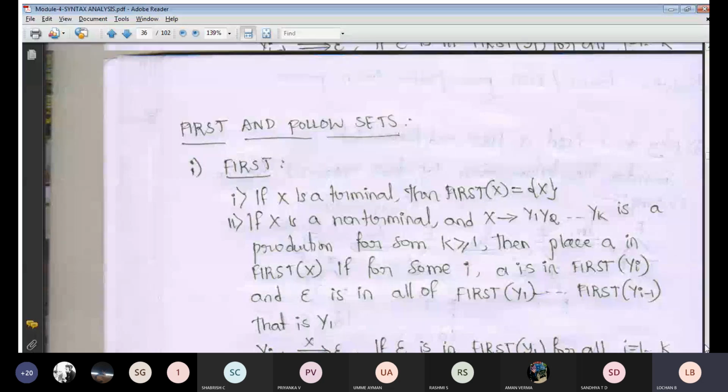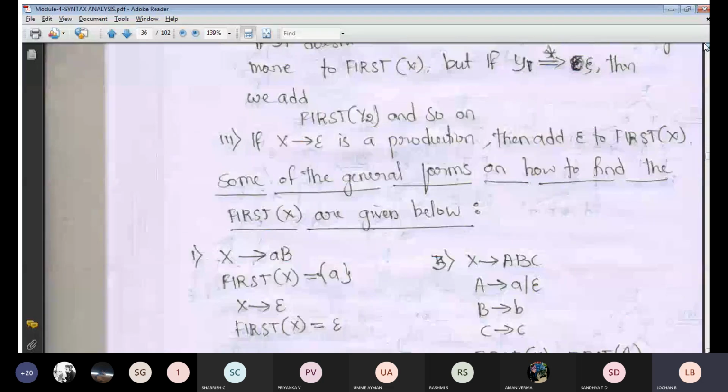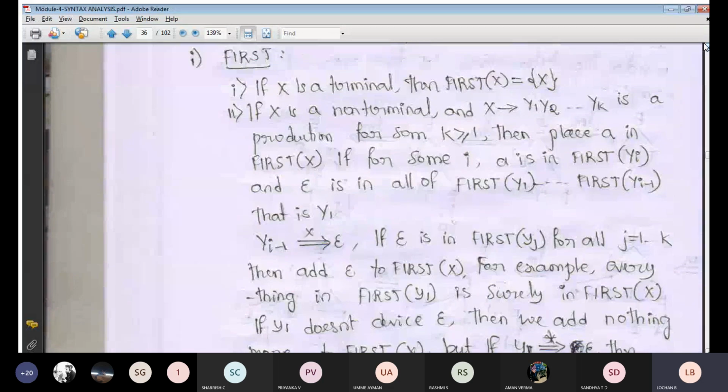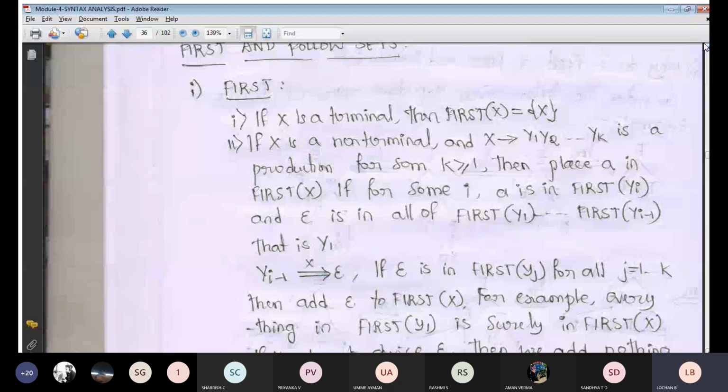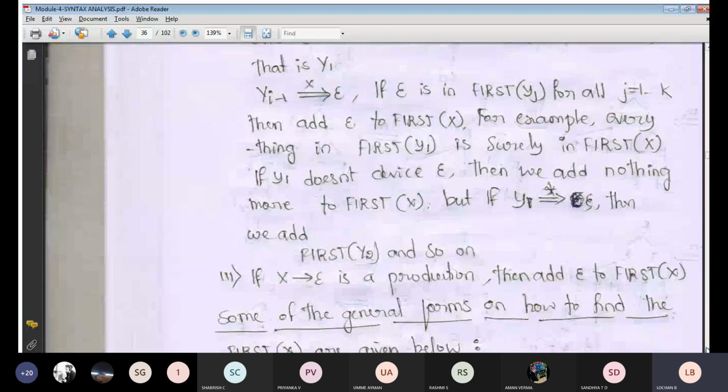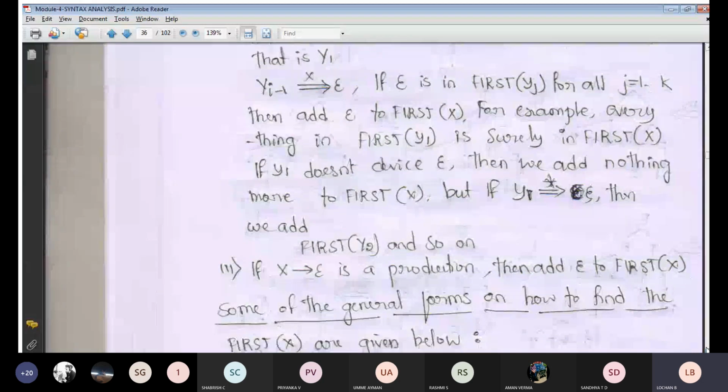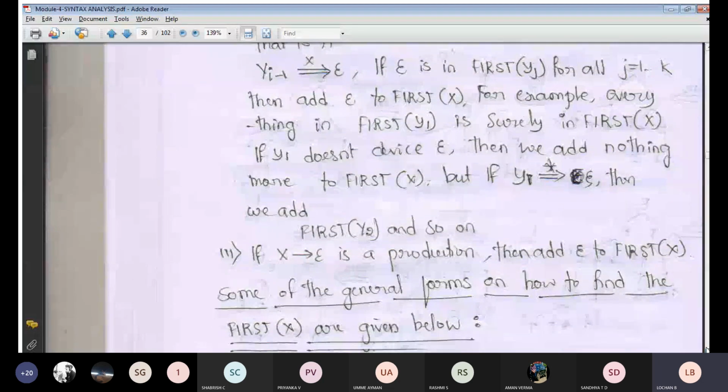I'll repeat once again. Can you see here? First one, if X is a terminal, then first of X is equal to X. If it is a non-terminal, we will be using certain cases and substituting, and we arrive at the solution. Third, if it is an epsilon, we will be adding epsilon to the first. So we will start solving the problem.